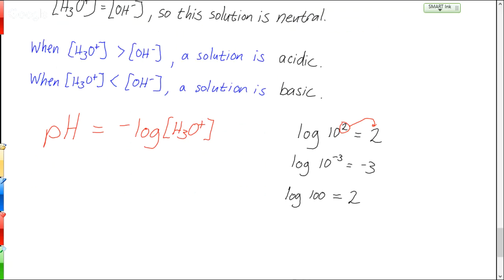So in effect, what that does is it turns a range of numbers where you're continually multiplying by 10, like a series of numbers like 10, 100, 1,000, 10,000, 100,000, million, you keep adding zeros, into integers. So it turns that into 1, 2, 3, 4, 5, 6 by giving you that exponent.